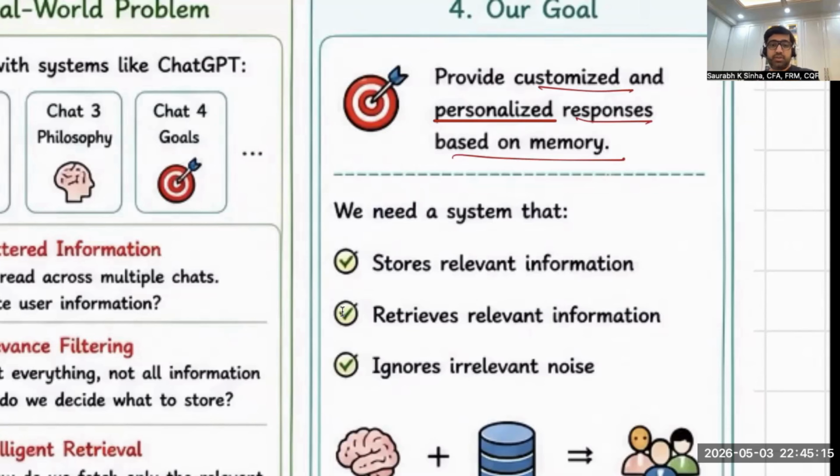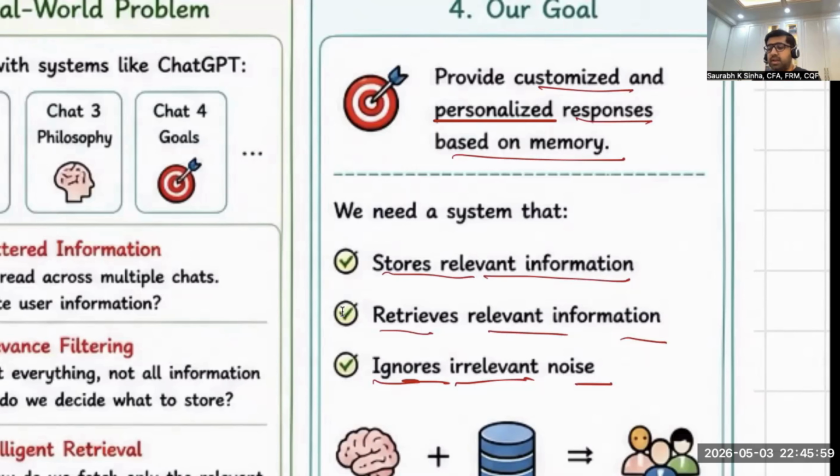So the system must store relevant information, must retrieve relevant or context-specific information, and it should ignore irrelevant noise. For example, if I'm discussing with ChatGPT my travel plan in Jaipur, and it started talking about the history of Jaipur, it would sound idiotic, right? The experience would be quite chaotic.